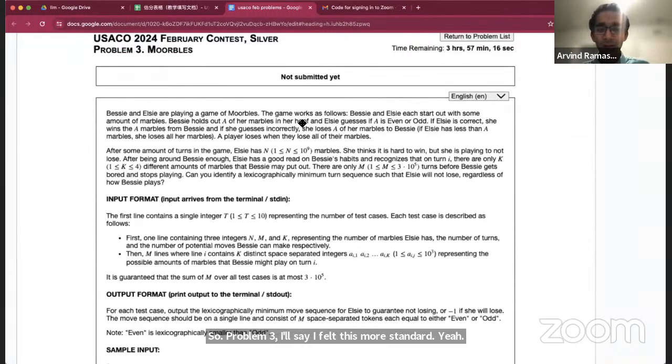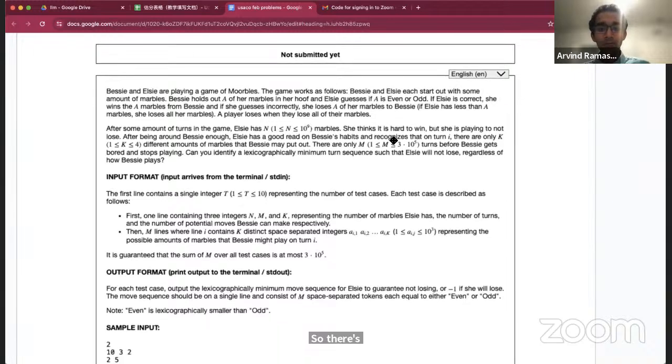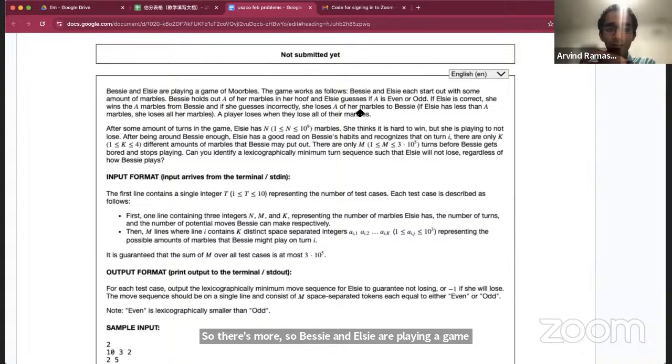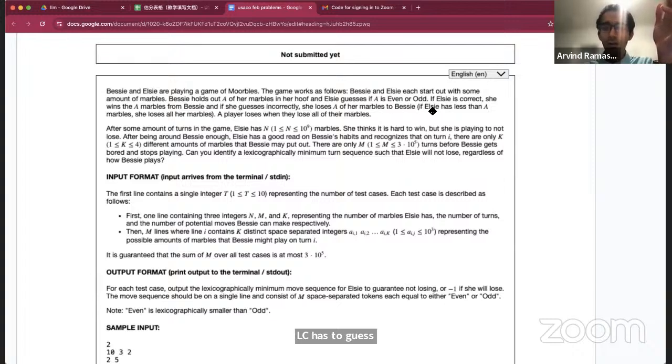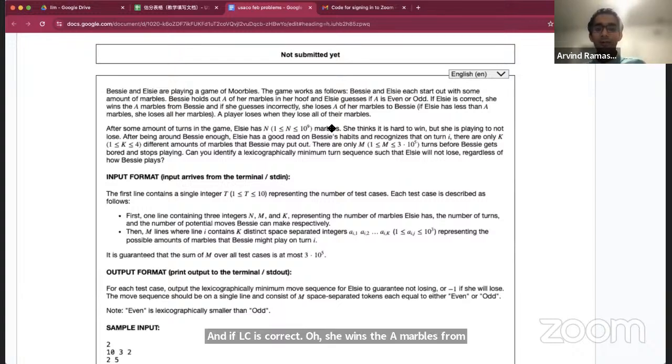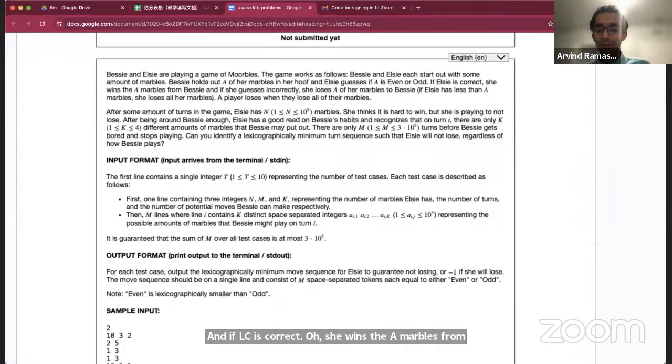So Bessie and Elsie are playing a game of marbles. Bessie holds out A marbles and Elsie has to guess if it's even or odd. If Elsie is correct, she wins the A marbles from Bessie. And if she guesses incorrectly, then she loses A marbles.